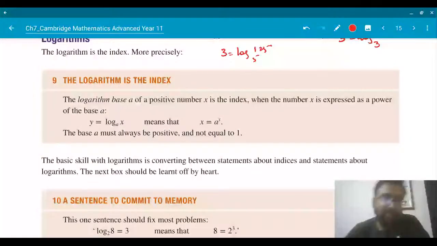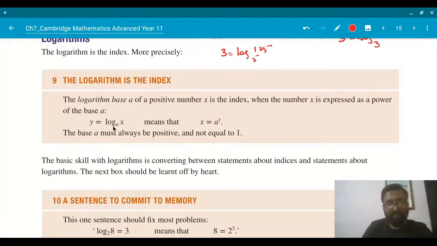Okay. So now we are going to the formal definition. Can you see? So y is equal to log x base a. Can you read this definition?